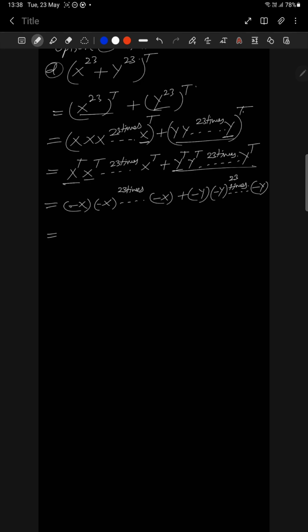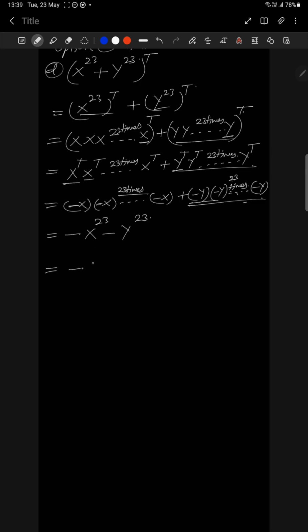The minus sign appears 23 times, an odd number of times, so it can be written as minus x to the power 23, plus minus y to the power 23.